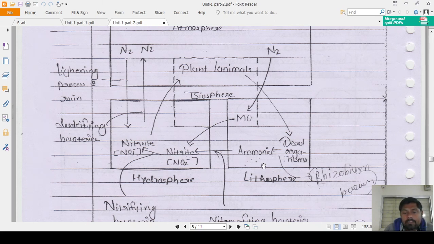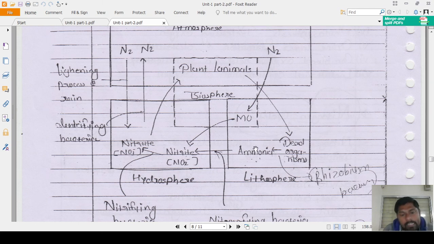That is the degradation of the dead organisms. When the microorganisms and animals are dead and the plant leaves are there, they release ammonia.